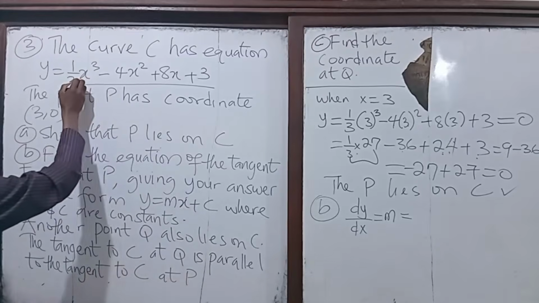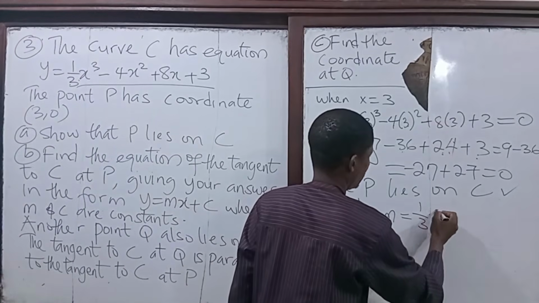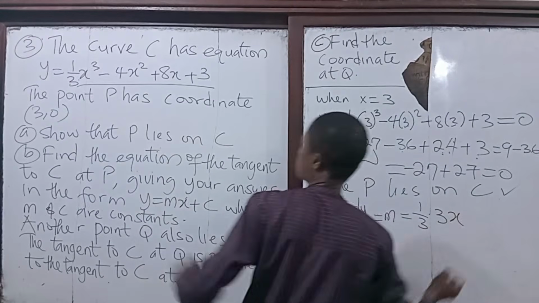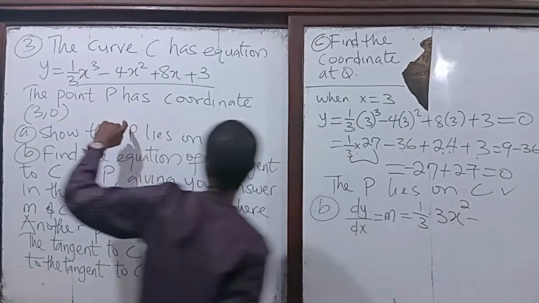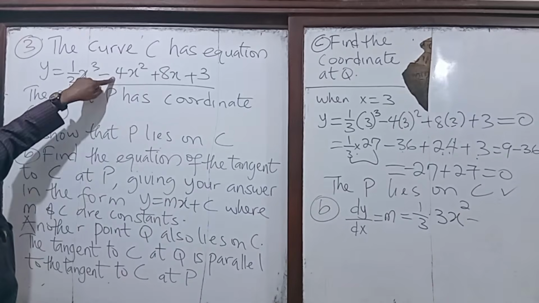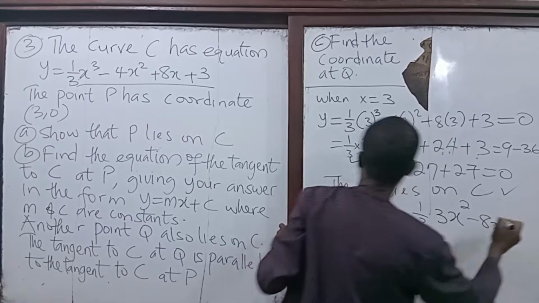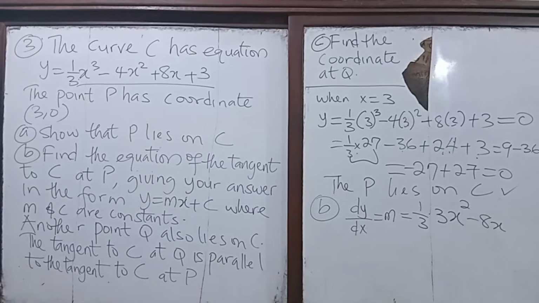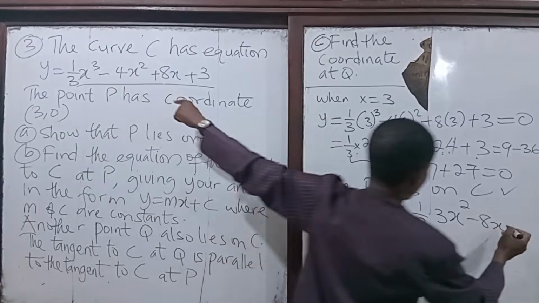If you differentiate this one, the 3 will come to the front, and that will be 1 over 3 times 3x to the power 3 minus 1, making 2, minus this power 4 will come to the front, 4 times 2, that's 8x. Then differentiate 8x, that's a plus 8.